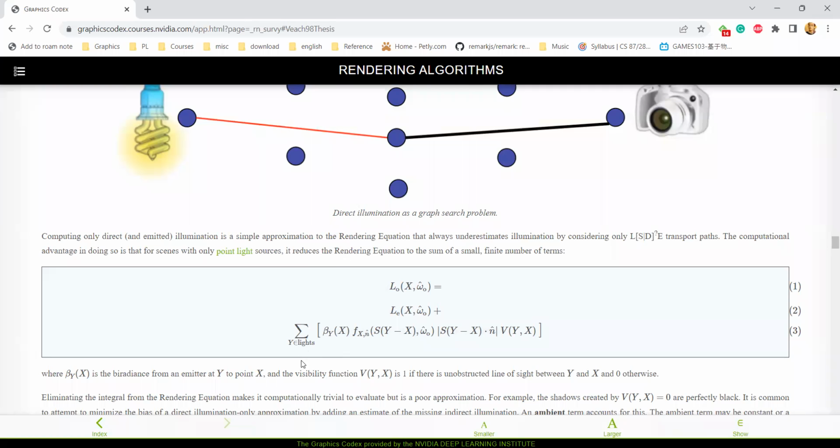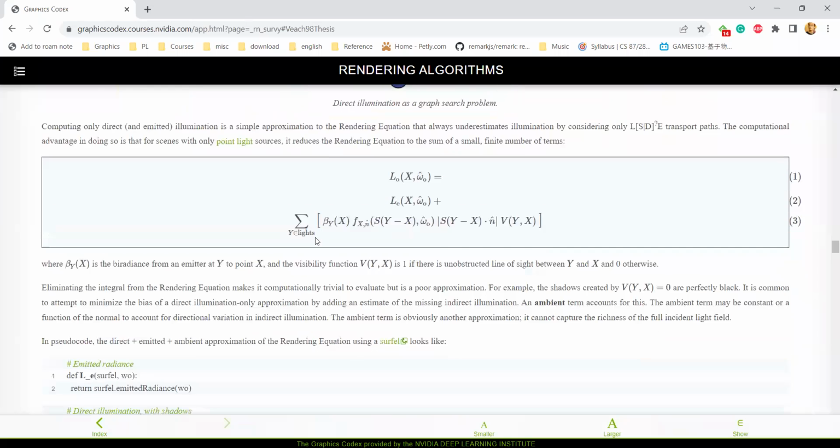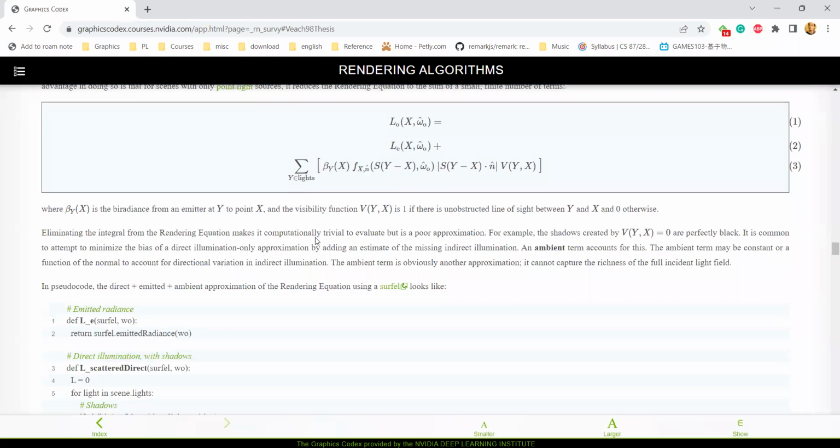And the visibility function V of X is 1 or 0, basically. Eliminating the integral from the rendering equation makes it computationally trivial, but it's a poor approximation. For example, the shadow created by V equal to 0 is perfectly black.